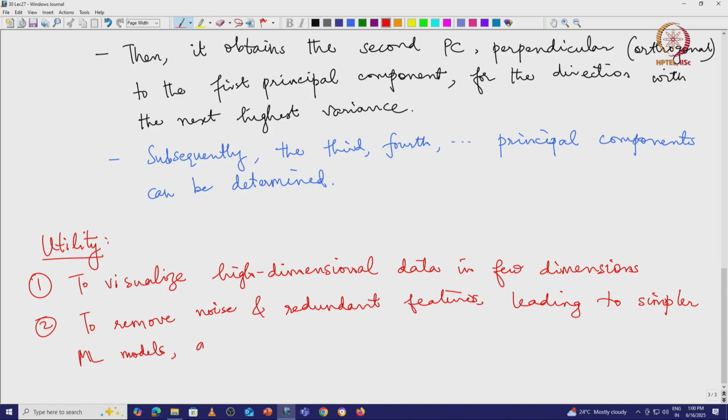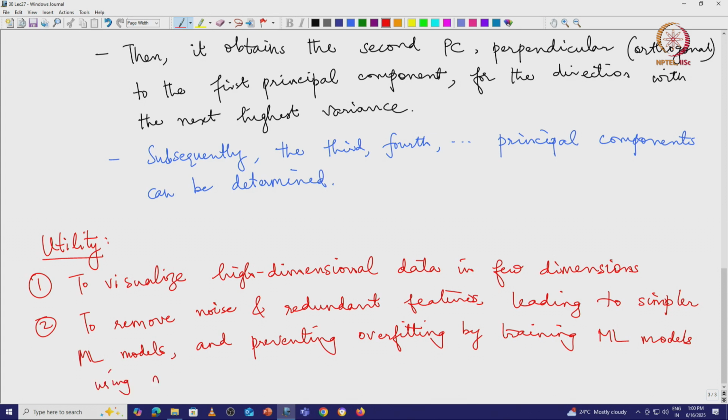And preventing overfitting. By training ML models, right, and these can be supervised ML models, using a subset of the principal components, right.